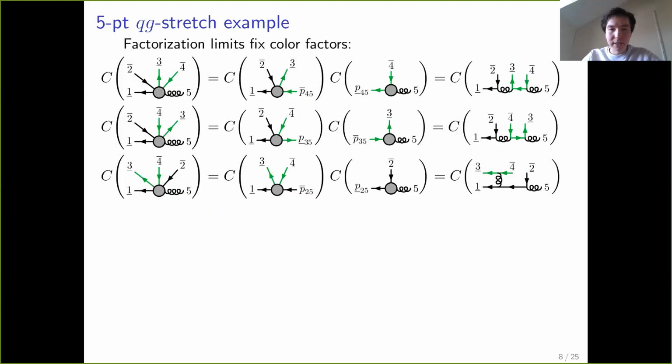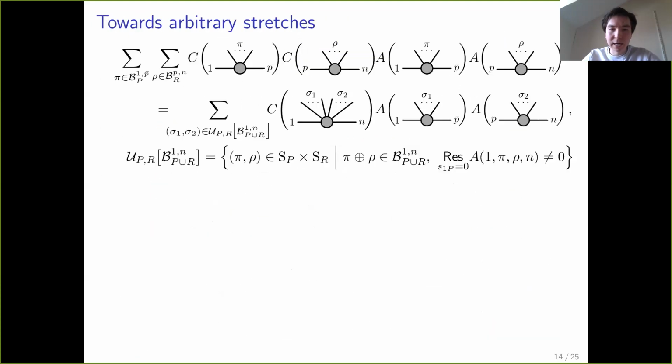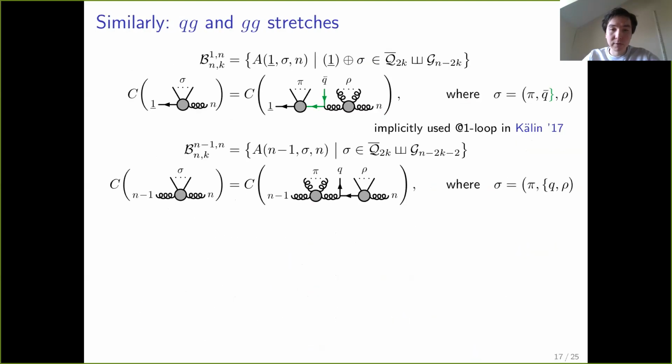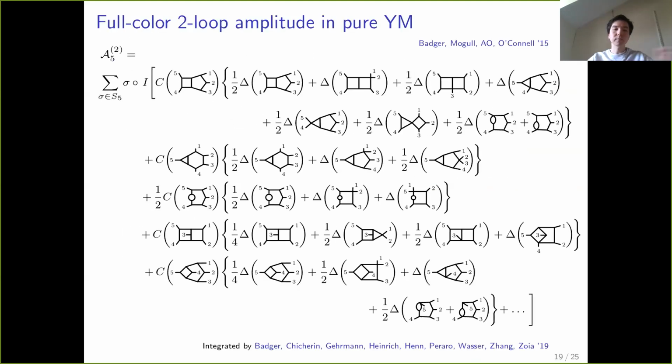When I propose to use this at loop level, I don't really say anything about those loop-level color factors being independent. They are allowed to be linearly dependent. In fact, this is an overkill.